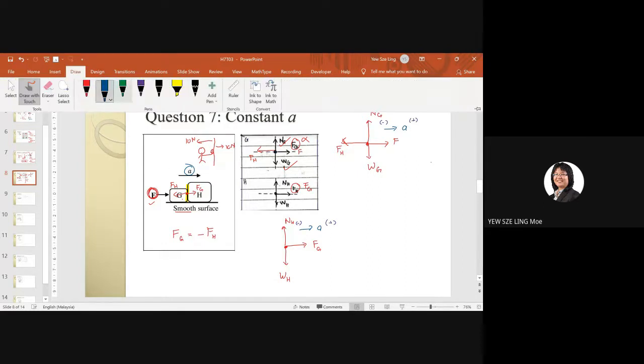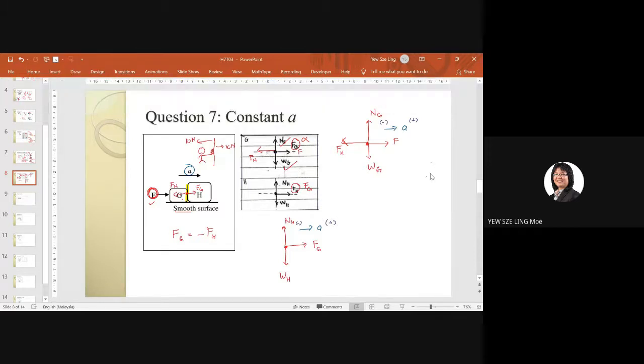So let's form an equation for object G. If you look at the diagram, the object is moving with constant acceleration along the x component. In that case, the summation of Fx is equal to ma. It applies Newton's second law, because the object is moving with constant acceleration.